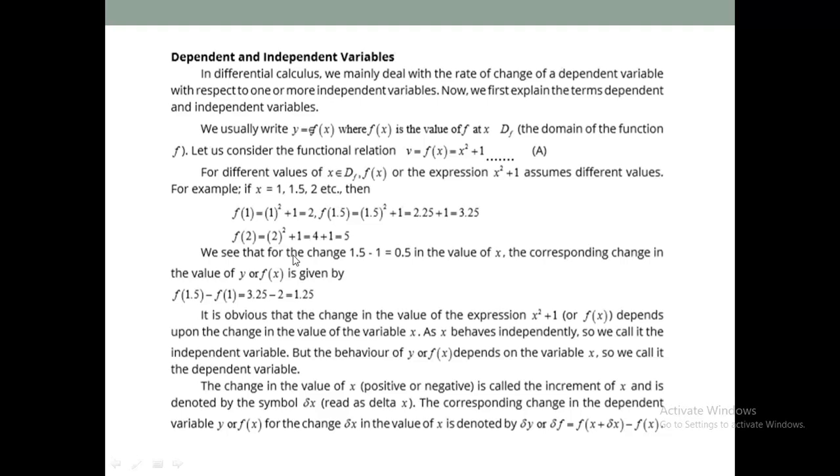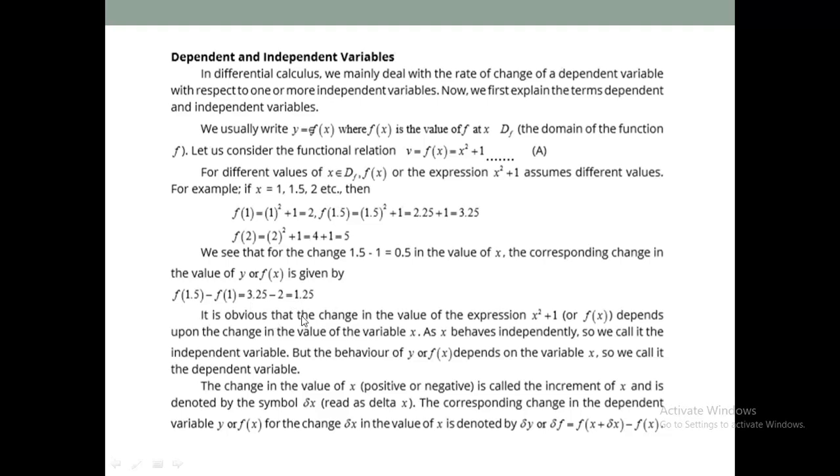We see that for the change 1.5 minus 1 is equal to 0.5 in the value of x, the corresponding change in the value of y is given by the value at 1.5, which is 3.25, and the value at 1, which is 2. The change in y is 1.25.